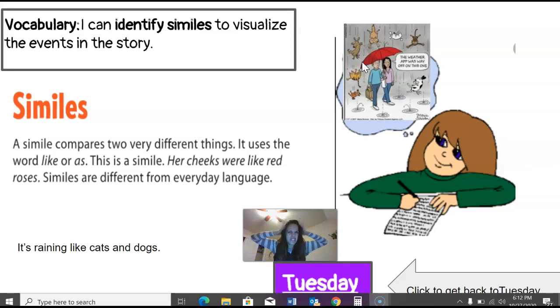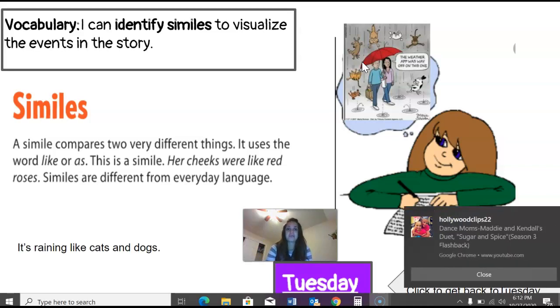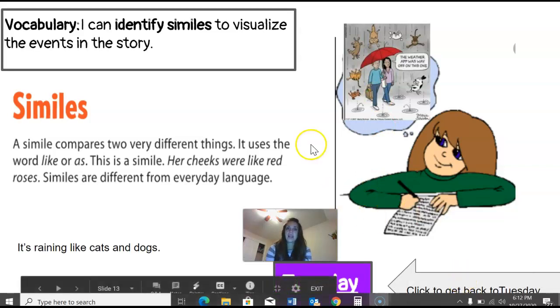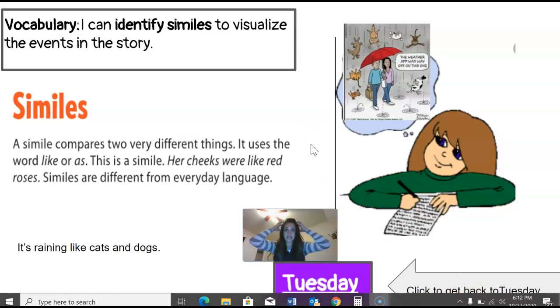How would that feel if you got hit by a cat or dog when it was raining? Ow, ow. It would be really hard rain, really heavy rain. So a simile is to get the reader to visualize the event in the story.